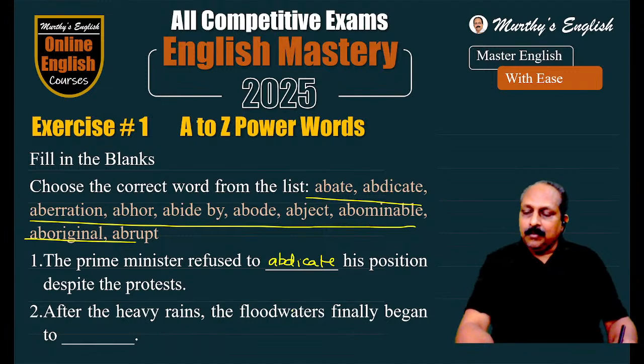On my platform, I tell students not to take that approach. It's a wrong approach, and I don't allow students to use V1, V2, V3 in my presence. Please don't do that. Looks like you're a new student. After the heavy rains, the flood waters finally began to abate. What is the right word? Abate. Abate means reduce.